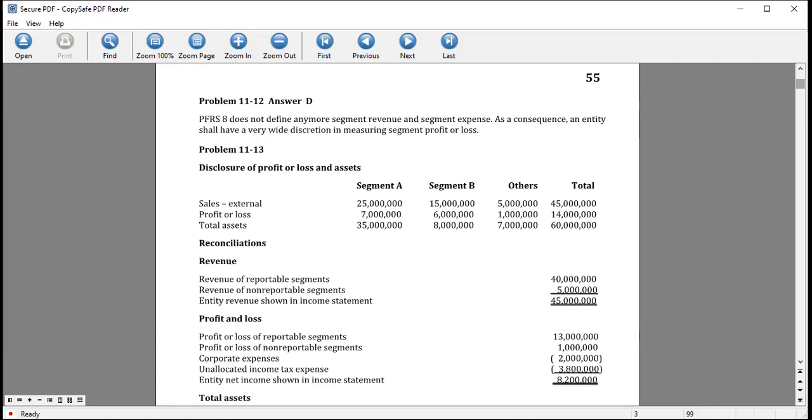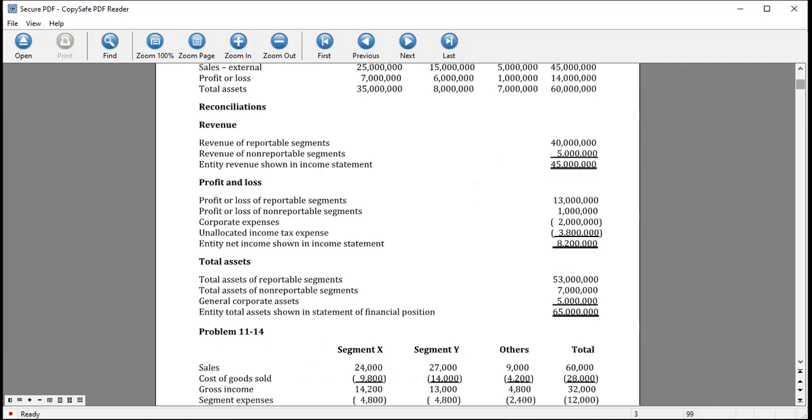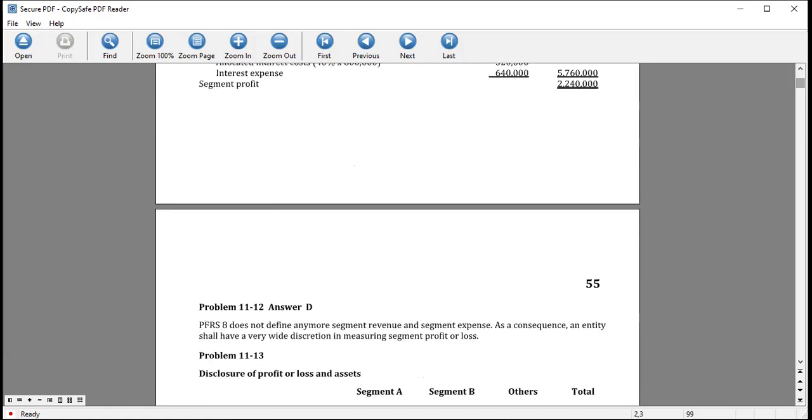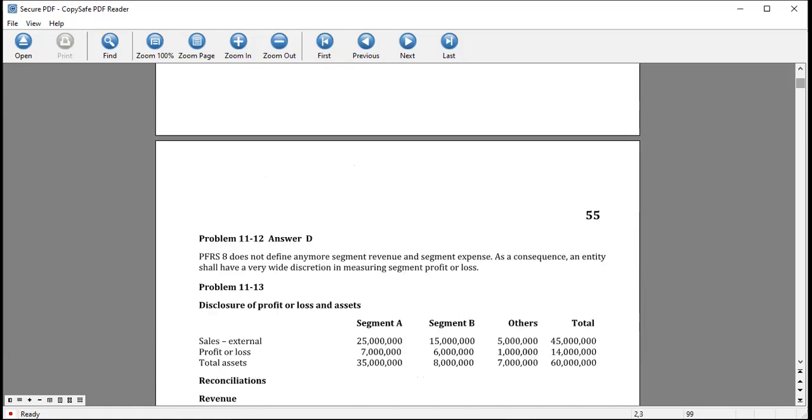So for requirement number 1, okay, requirement number 1 for 11-13.